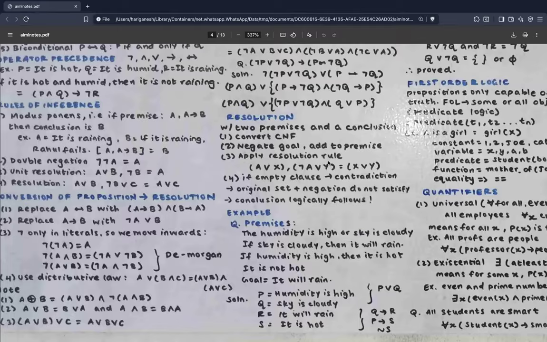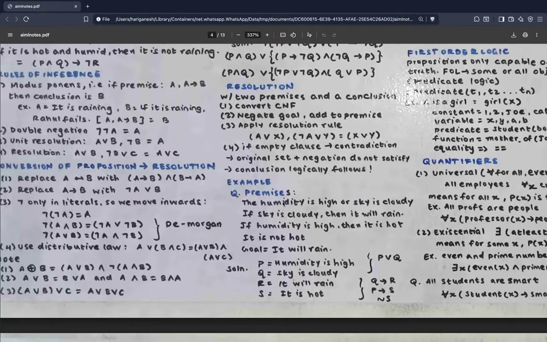Then the result of these two is going to be X or Y. And then you keep simplifying these. If you get an empty clause, it's a contradiction, which means your conclusion logically follows because you've taken the negation. Now, this is annoying to understand, but an example will make it fairly intuitive.